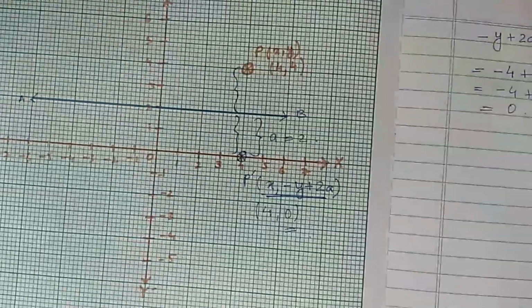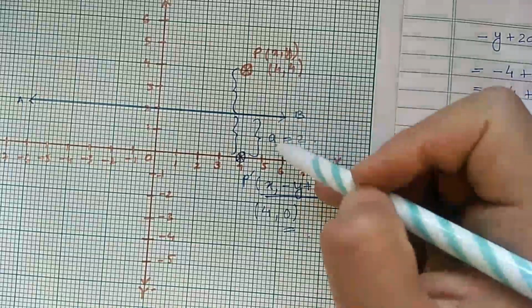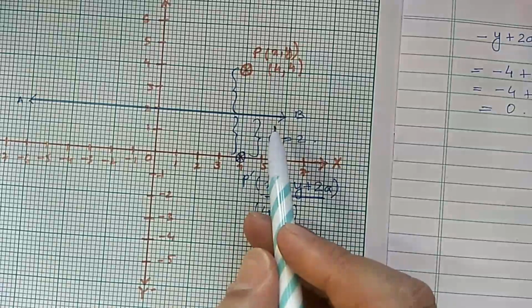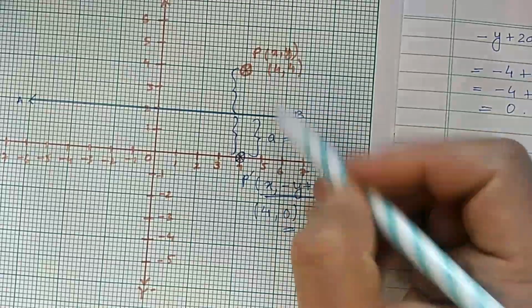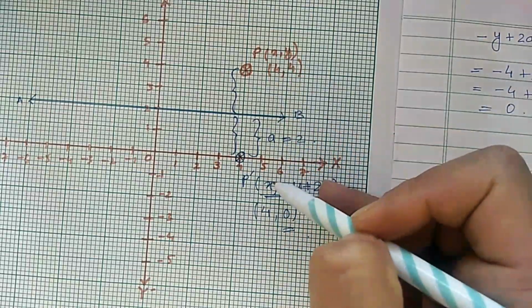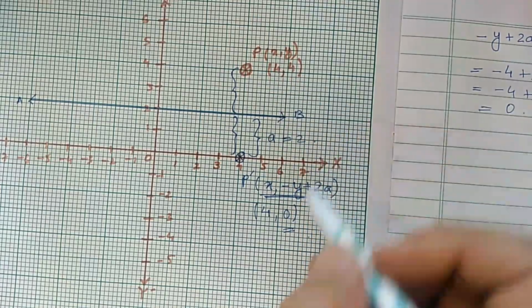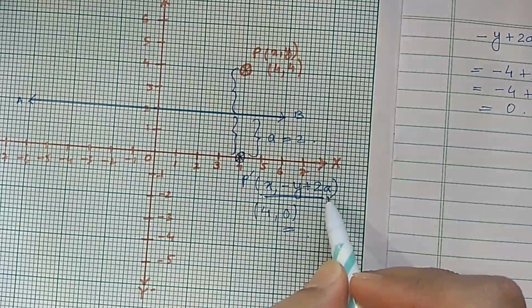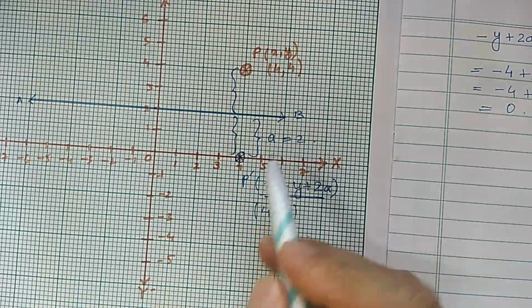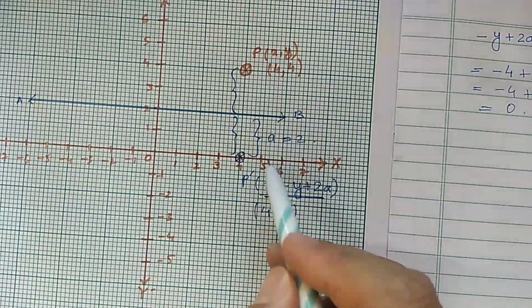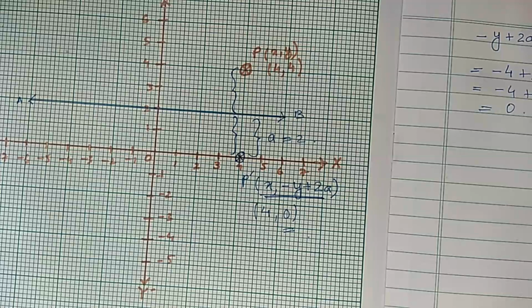So let me reiterate. When a point is reflected in a line parallel to x-axis, the x-coordinate or the abscissa remains unchanged, whereas the ordinate becomes minus y plus 2a, where a is the distance between the x-axis and the line parallel to x-axis.